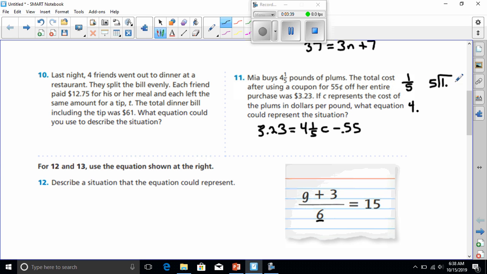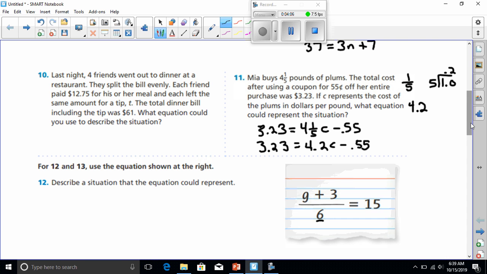And if I put my decimal here and add a 1, I can see that's going to give me 0.2. So I'm going to put that 0.2 after my 4, and now I'm ready to rewrite my equation as 3.23 equals 4.2c minus 0.55.